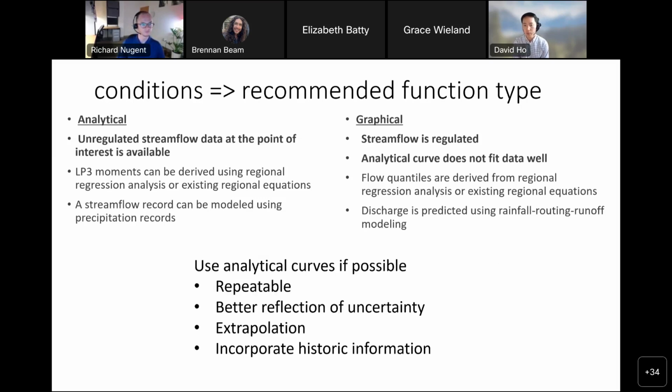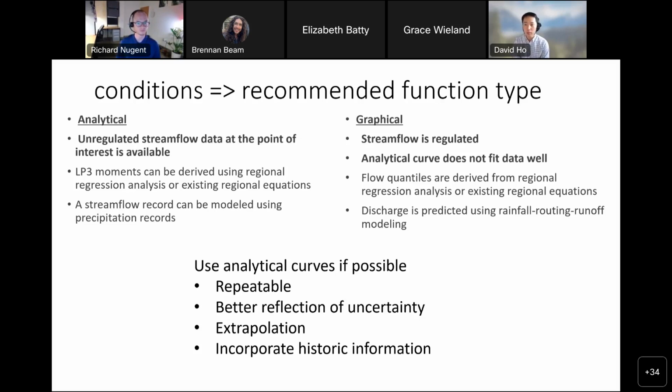An example of something that might be regulated is flows that are recorded downstream of a reservoir. The reservoir is holding back flow and controlling the release of the flow, and so what is being measured by the gauge is based off of what the reservoir is releasing. So that's a regulated stream flow.